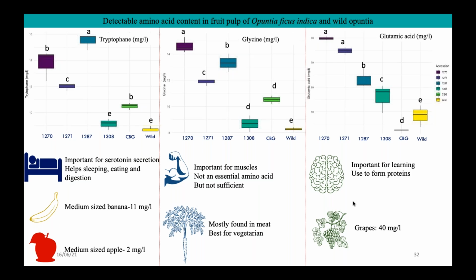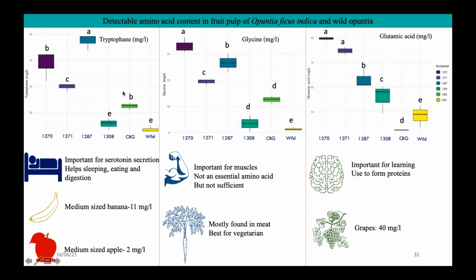We have five extensions which have fruit varieties, and we also collected fruit from the wild cactus grown on the roadsides. And we tried to understand the nutritional composition between both of these cactus fruits. You can see that most of our cactus extensions have higher amino acids than the wild one. This is the wild one, and these are all the extensions which we are cultivating.